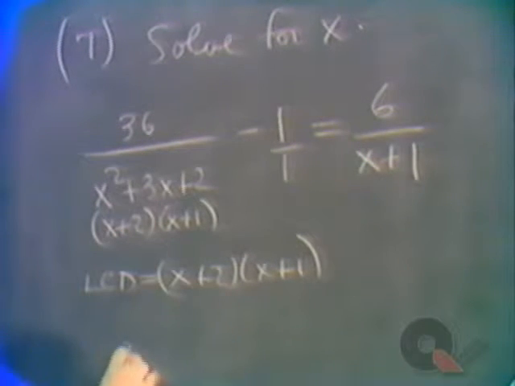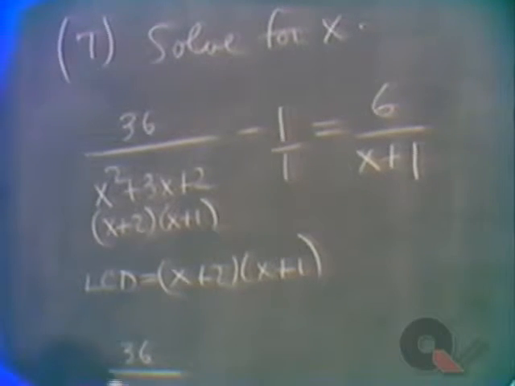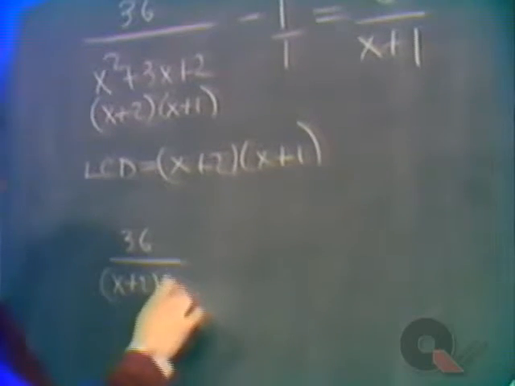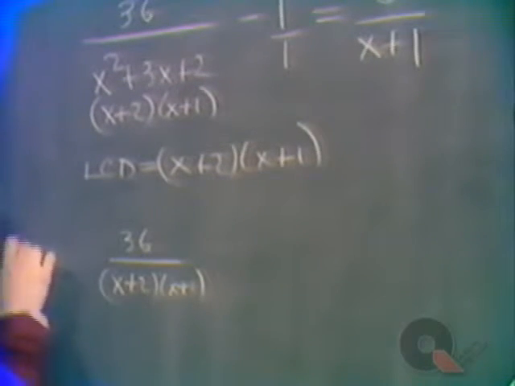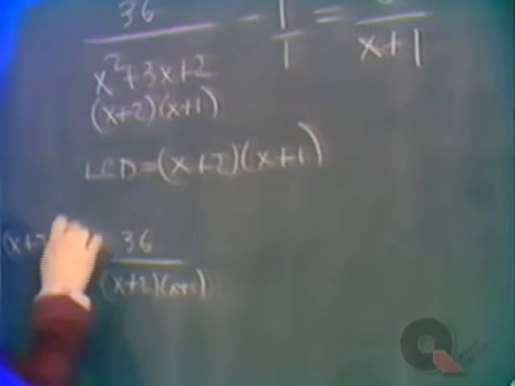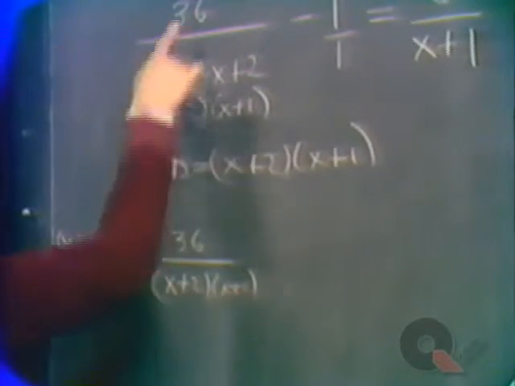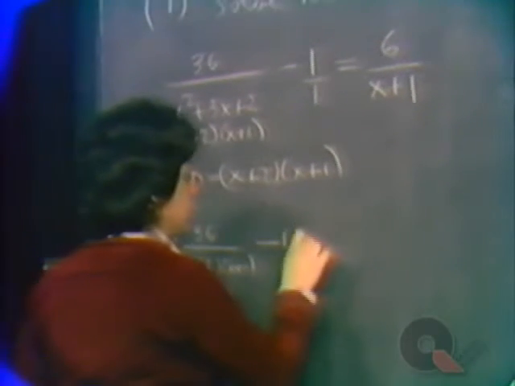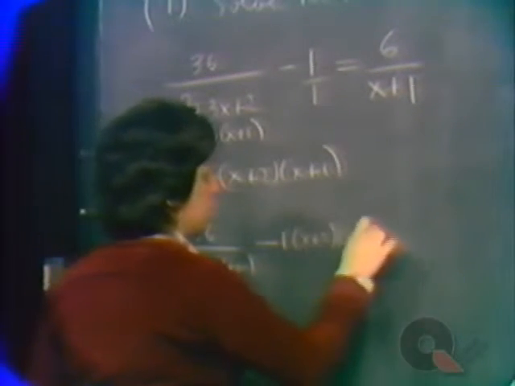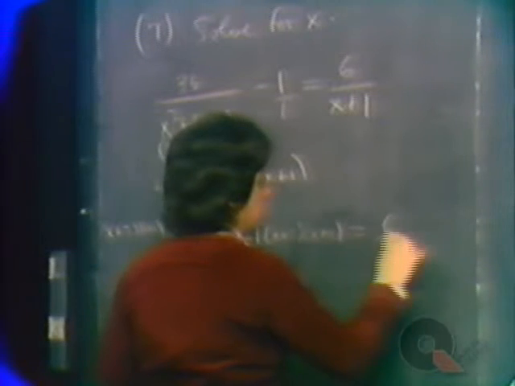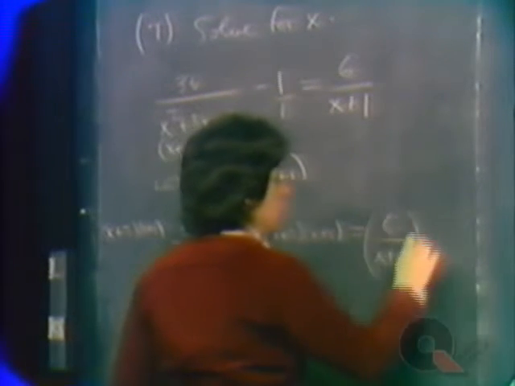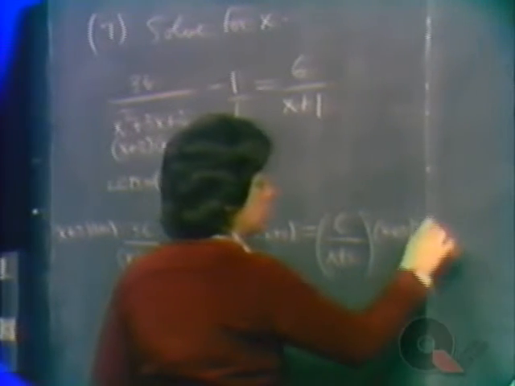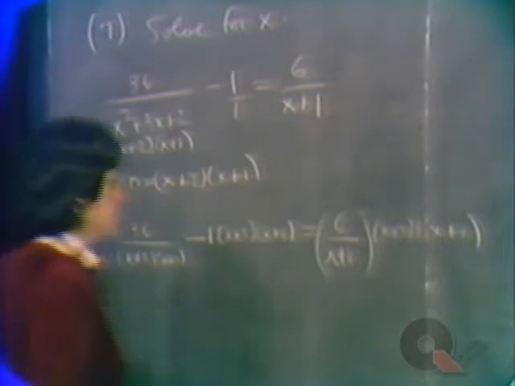We have 36 over x plus 2, x plus 1, which I'll multiply by x plus 2 times x plus 1. That's the first part. Minus 1, which I'll multiply by x plus 2 times x plus 1, equals 6 over x plus 1, which I'll multiply by x plus 2 times x plus 1.